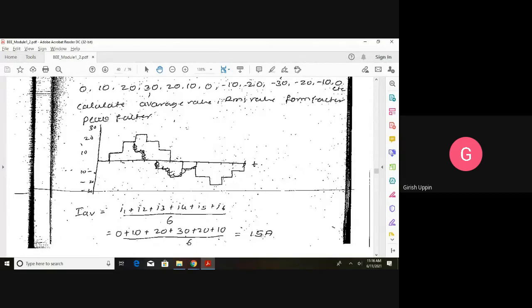Can anybody tell me what would be the equation for the RMS value? Based on the same instantaneous values, IRMS is equal to square root of I1 square plus I2 square plus I3 square plus I4 square plus I5 square plus I6 square, divided by 6.